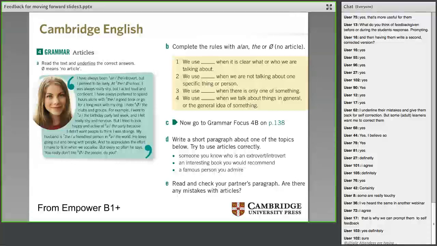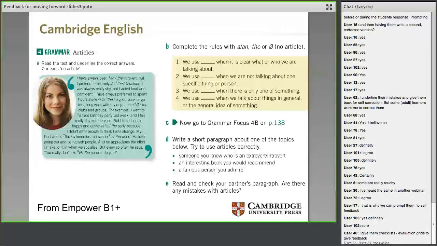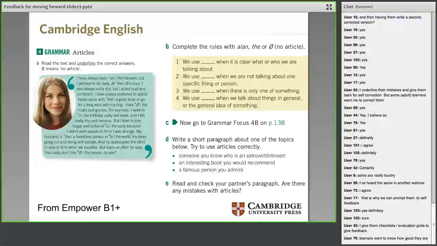I know this isn't terribly easy to read, but what you've got here is an exercise on articles. Okay, you don't need to read that. They do that exercise, then they complete the rules, and then they can check in the grammar.